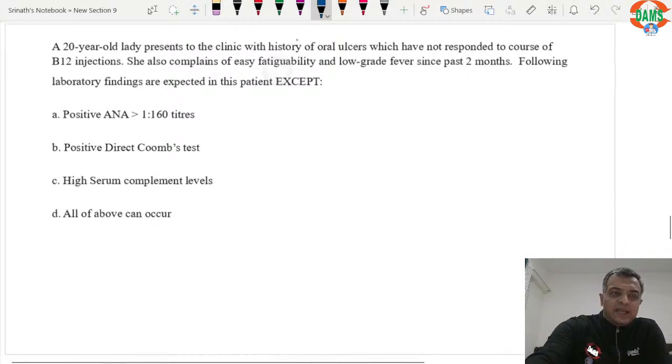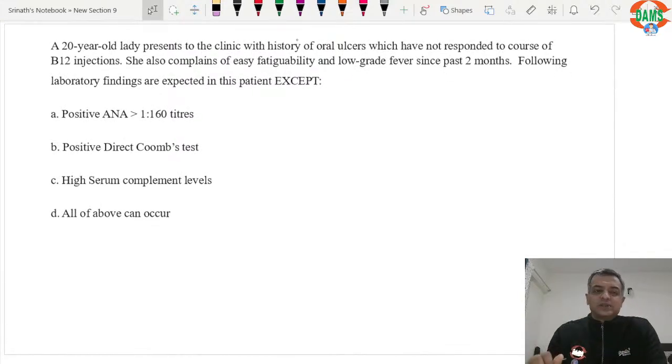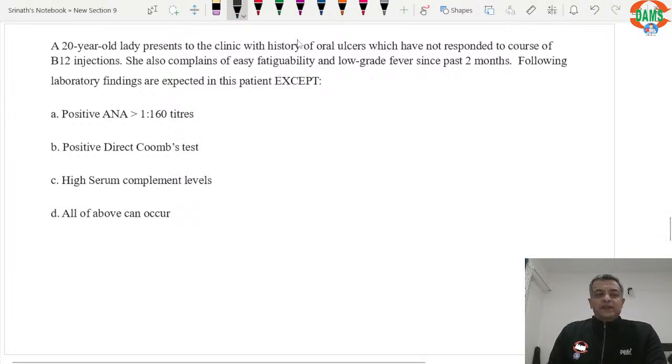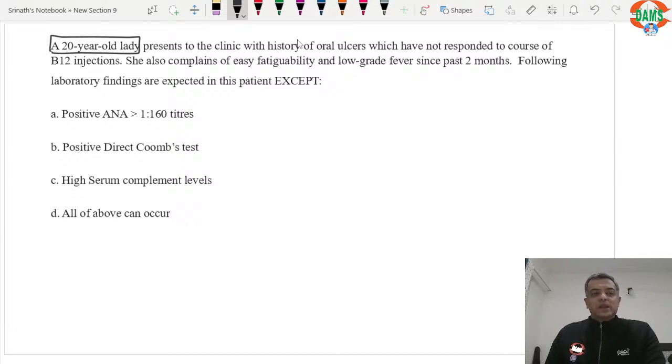Rheumatology also, again I am going to review this question with the update. A 20-year-old lady, first is age and epidemiology, which tells me a young female, comes with a history of oral ulcer not responding to B complex injection.